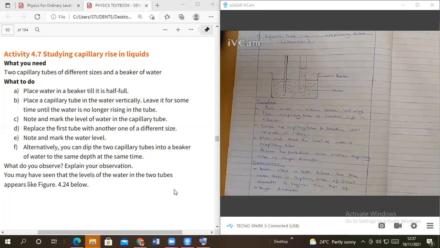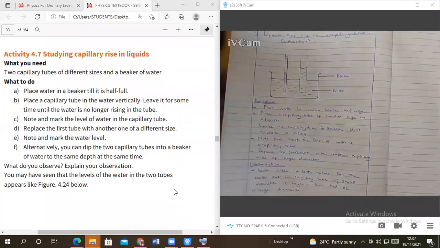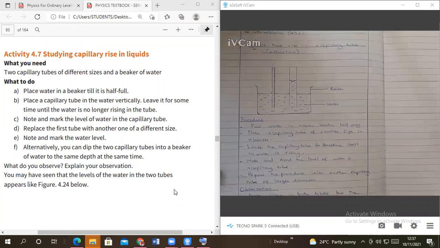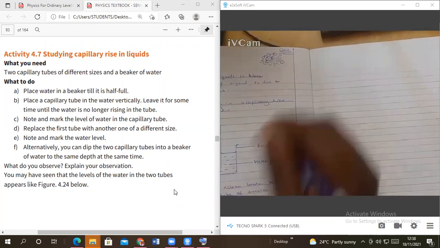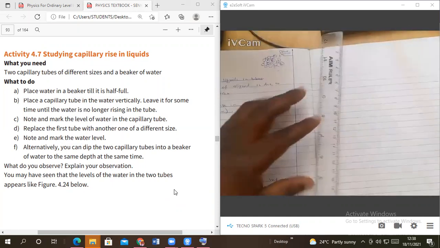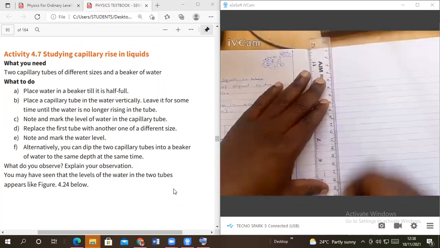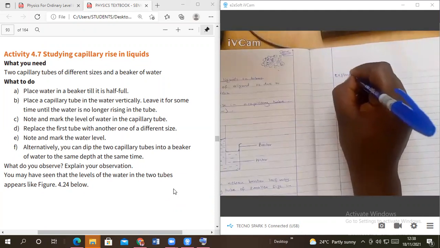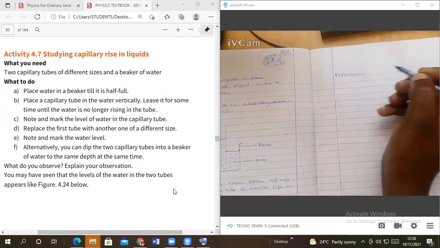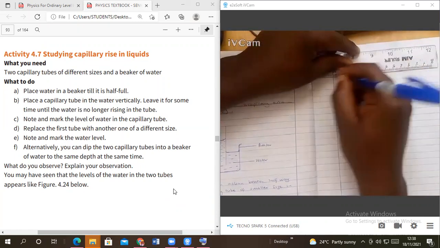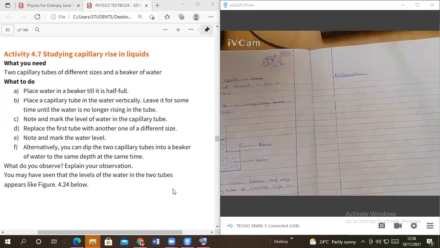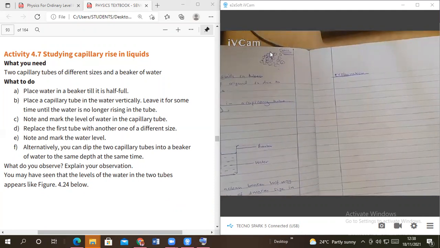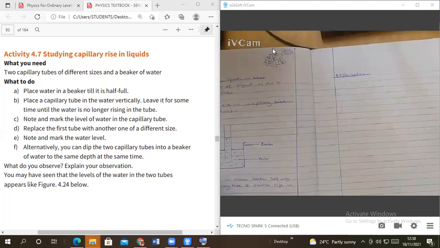So that is correct. Now, who can give us the explanation? What's the explanation to that? Why does it rise in the smaller tube and why is it low in the larger one? Actually, the answer is already here.